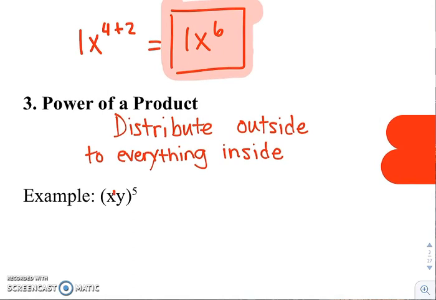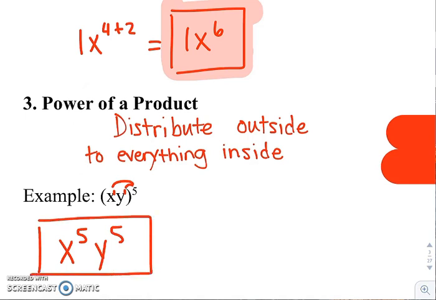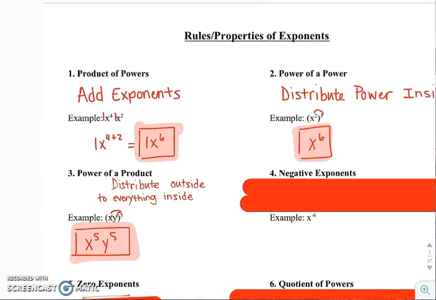So really, even though you don't see it, those are powers of 1. So when we distribute that in there, 1 times 5, 1 times 5, we get x to the 5th and y to the 5th. So the x and y are really kind of separate. They both have their own power, and the 5 goes to both of them.